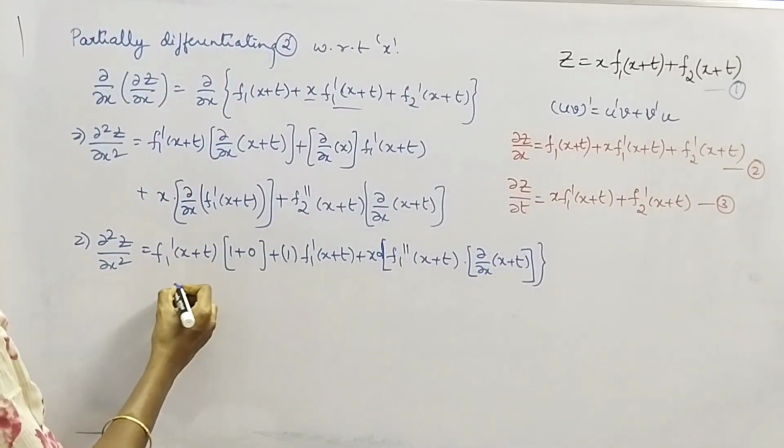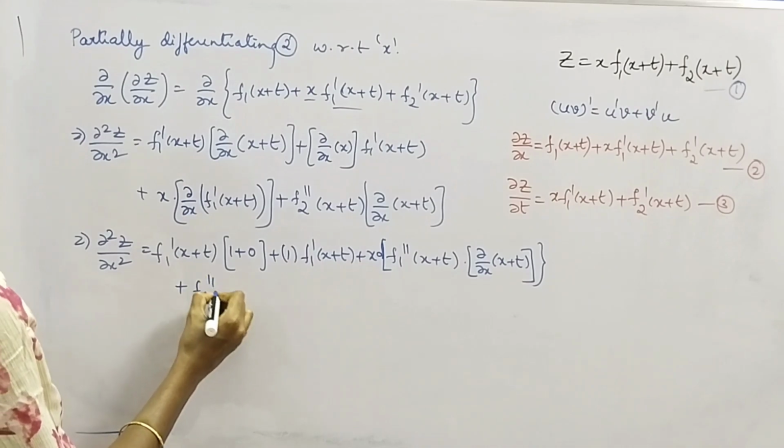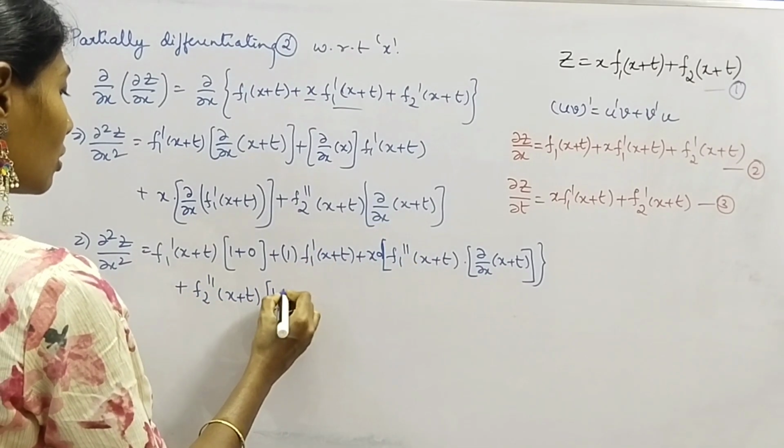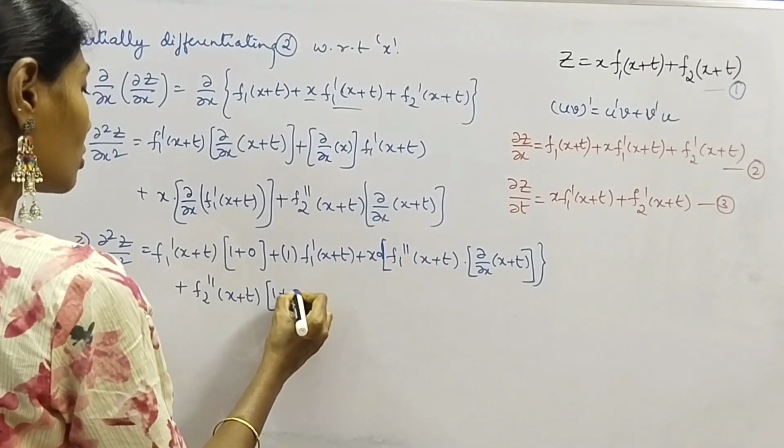Okay, plus f2 double dash of x plus t into partial derivative of x with respect to x is 1 plus partial derivative of t with respect to x is 0.